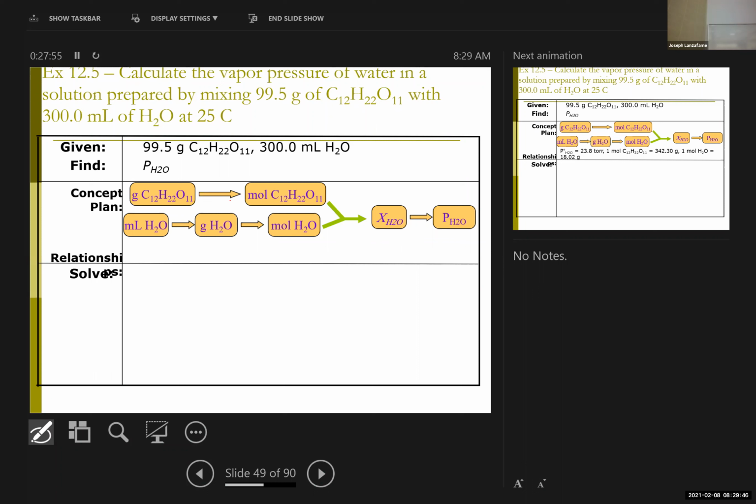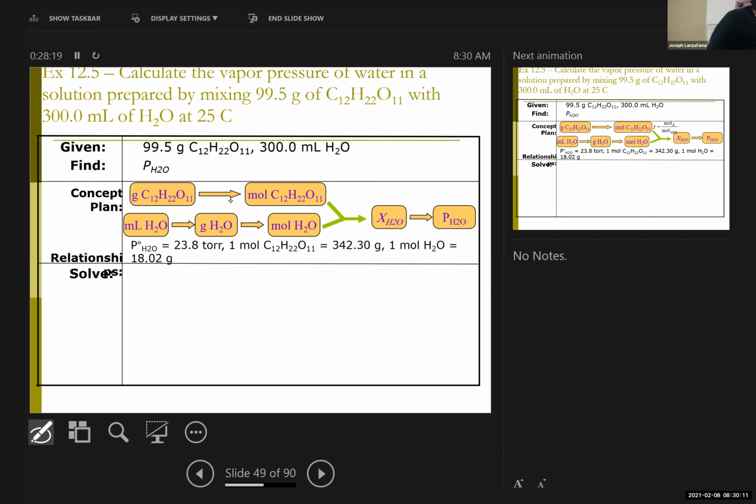The water is what we were talking about Friday a little bit. I have milliliters. I can get to grams to get to moles. But volume to mass is density, and then mass to moles is molar mass. Those are our two favorite conversion factors for solutions.